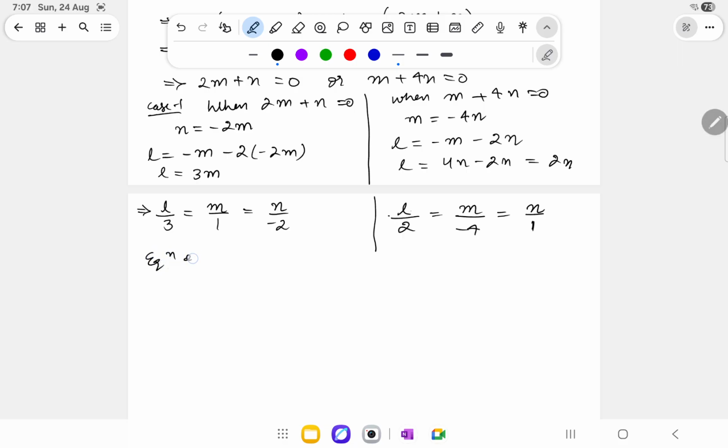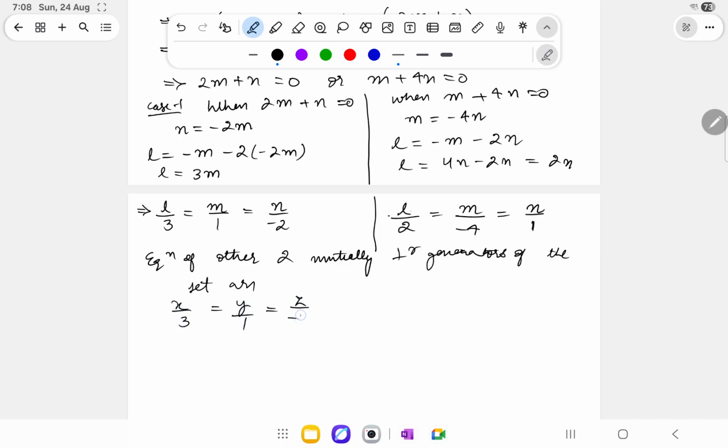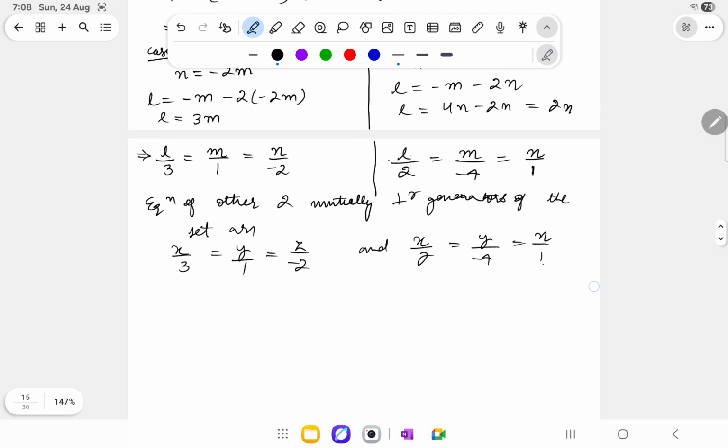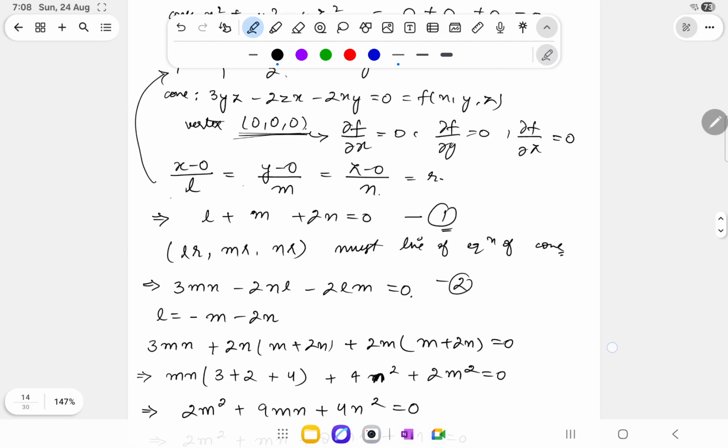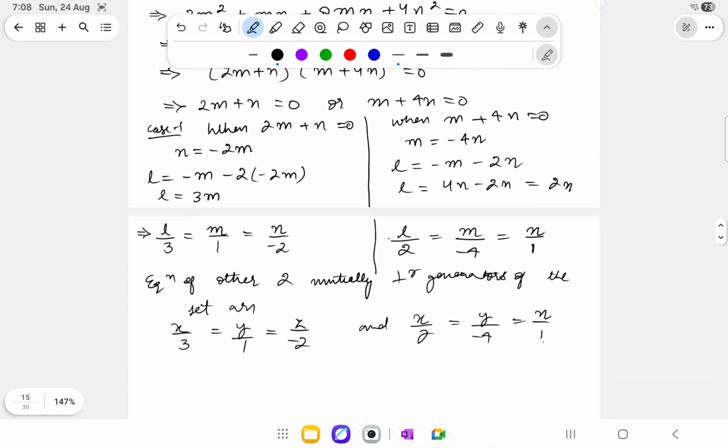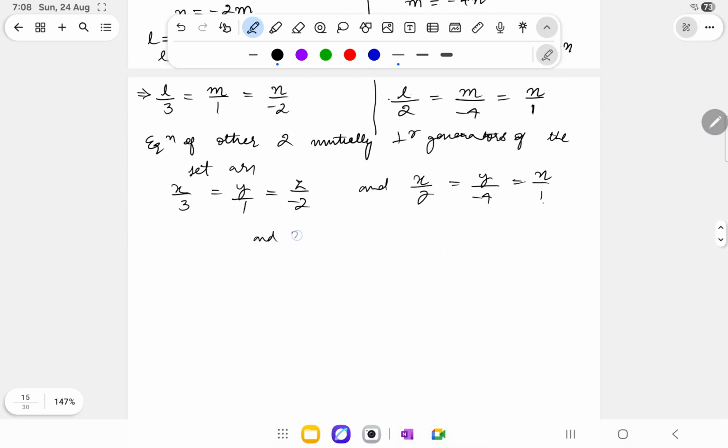So the equations of the other two mutually perpendicular generators of the set are x by 3 equals to y by 1 equals to z by minus 2 and x by 2 equals to y by minus 4 equals to z by 1, and the given one is x by 1 equals to y by 1 equals to z by 2.